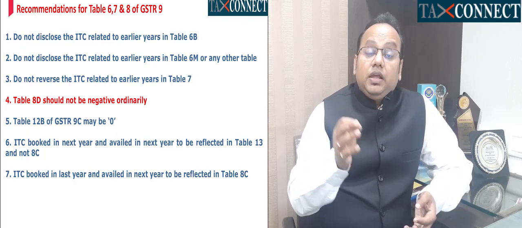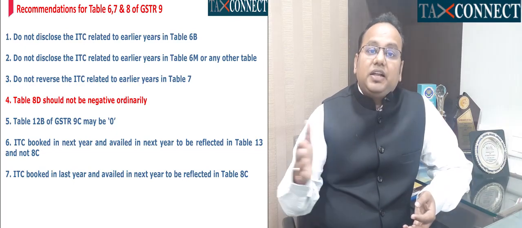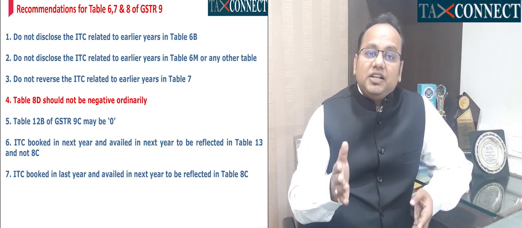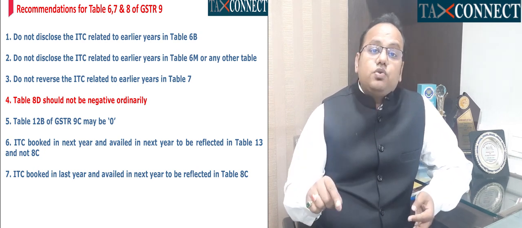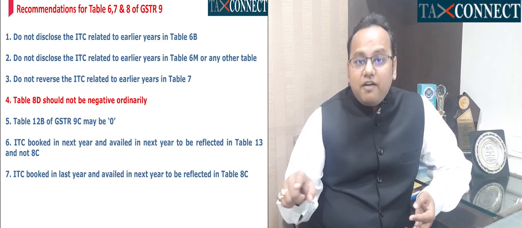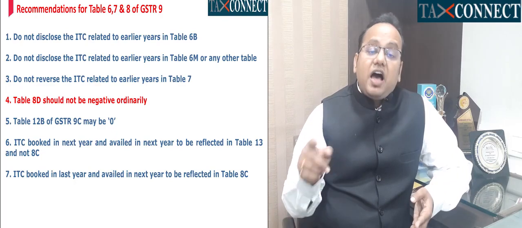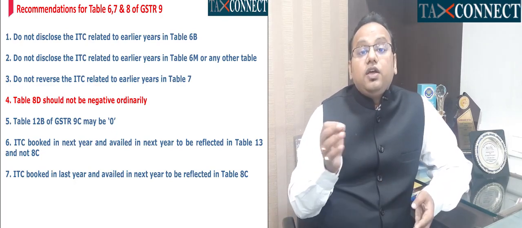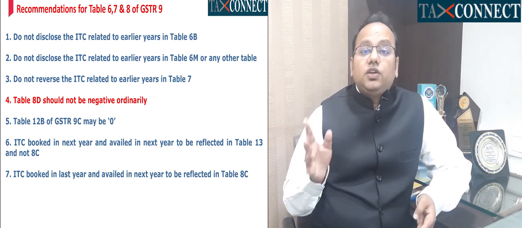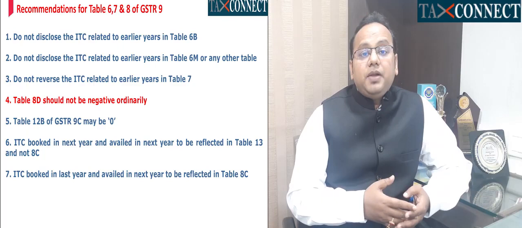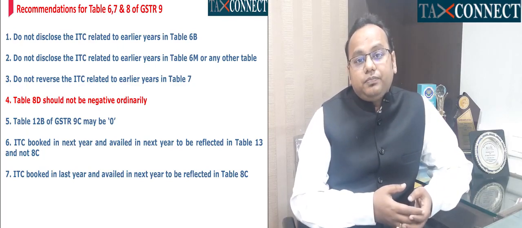That is, the booking of which is done in 2018-19 in the books of account, but credit has been taken till 30th September 2020. Mind that ITC which you have booked after 1st April 2020 and the credit also availed after 1st April 2020 would not be reflected in 8C. It would be reflected in table number 13 of GSTR 9.